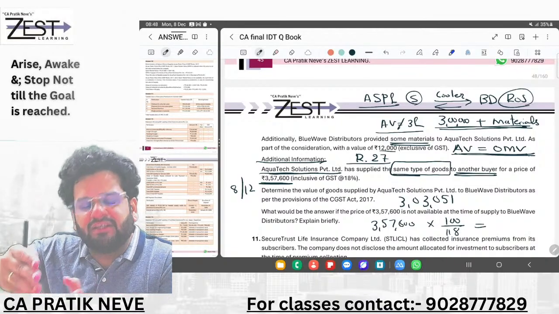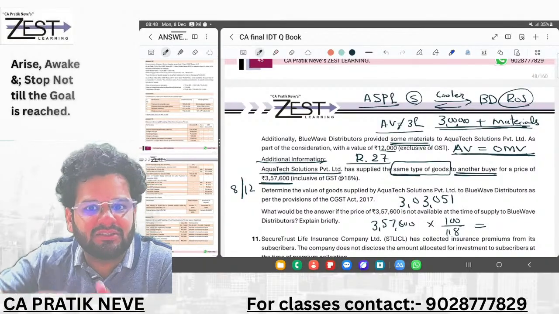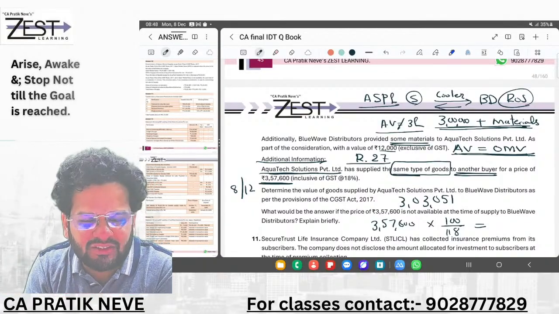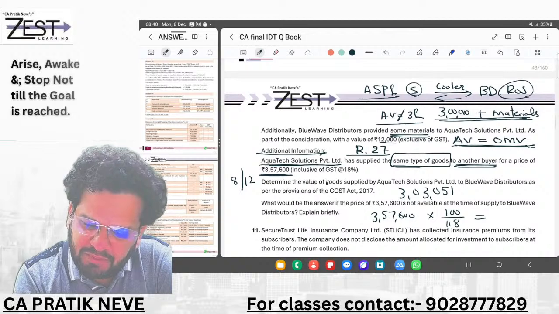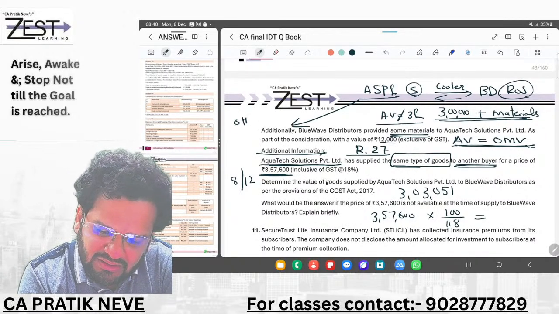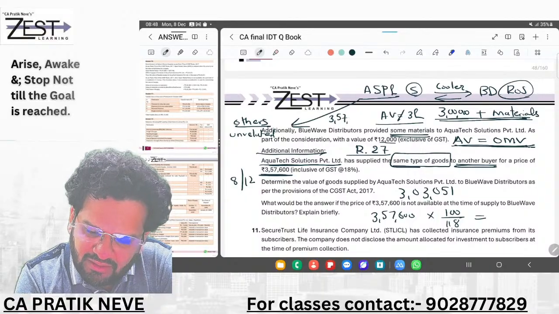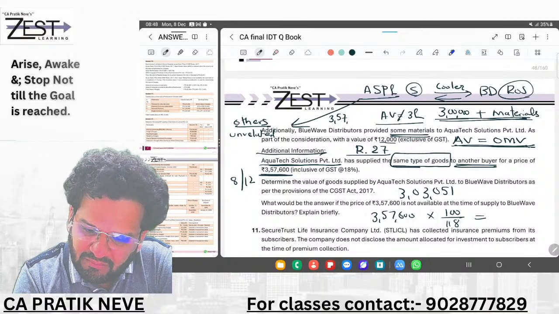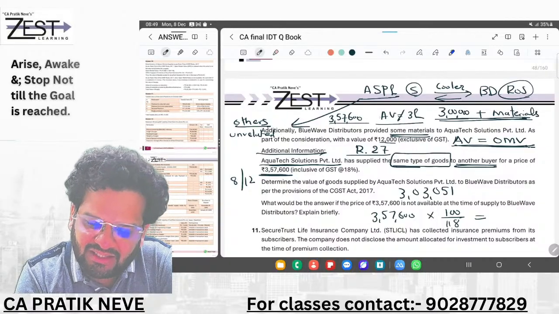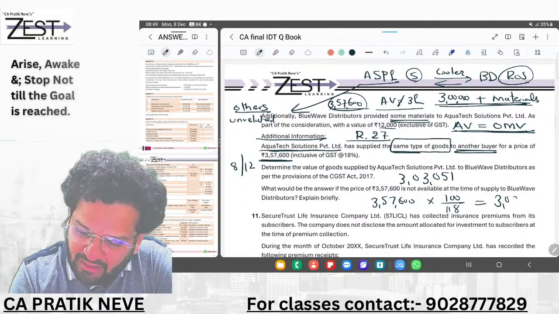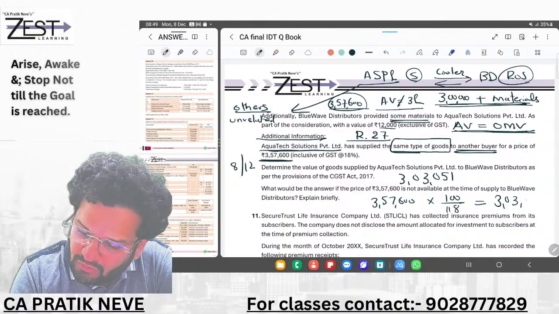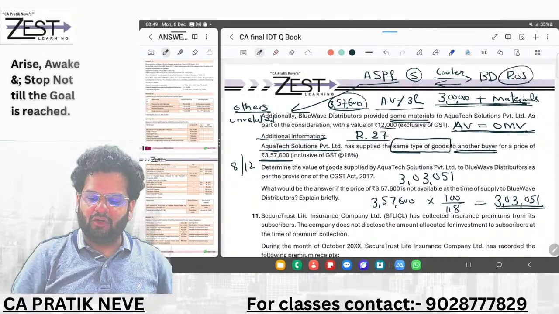At what price you are selling such goods to other buyers who are unrelated, where price is sole consideration, and that should be excluding GST. So ASPL is selling such goods to others who are unrelated. At what price? At 357,600. But that is including GST. So just exclude GST from that and you will get open market value. So it is 3,03,051. All of you clear?